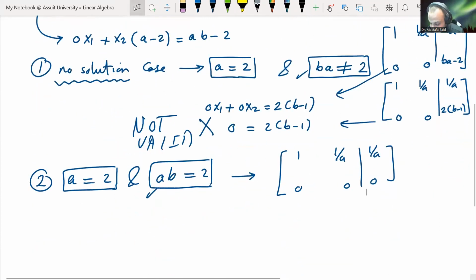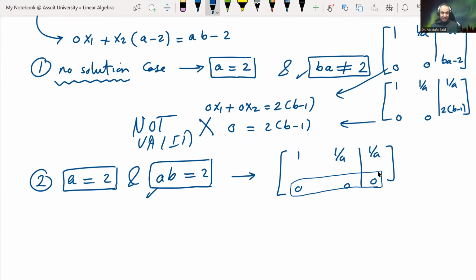And if you remember, guys, when one of the equations is completely 0 and the remaining is just one equation with 2 unknowns, in these cases, when you have fewer equations than the number of unknowns, we can assume one of them as a parameter and find the other using this parameter.